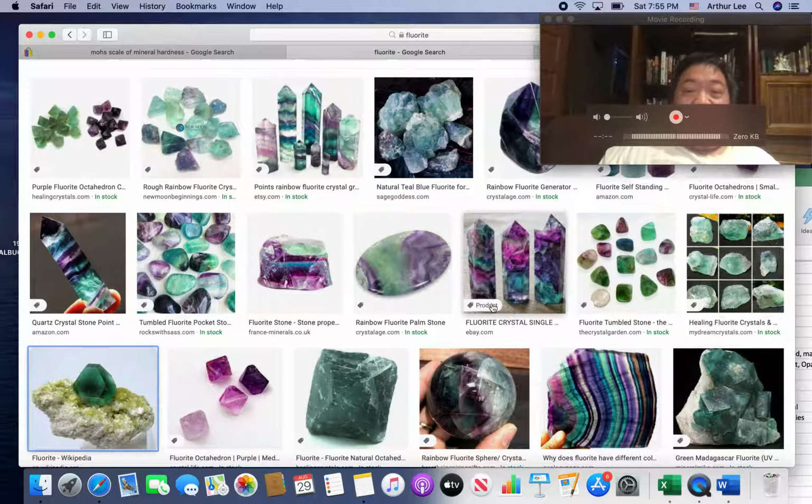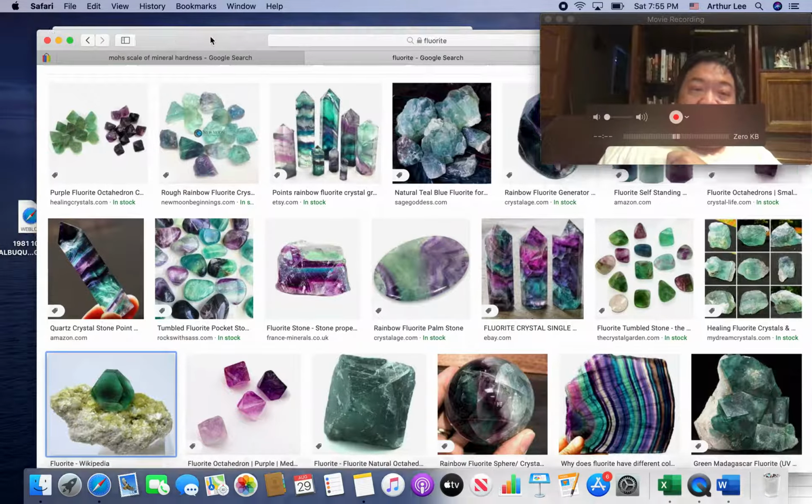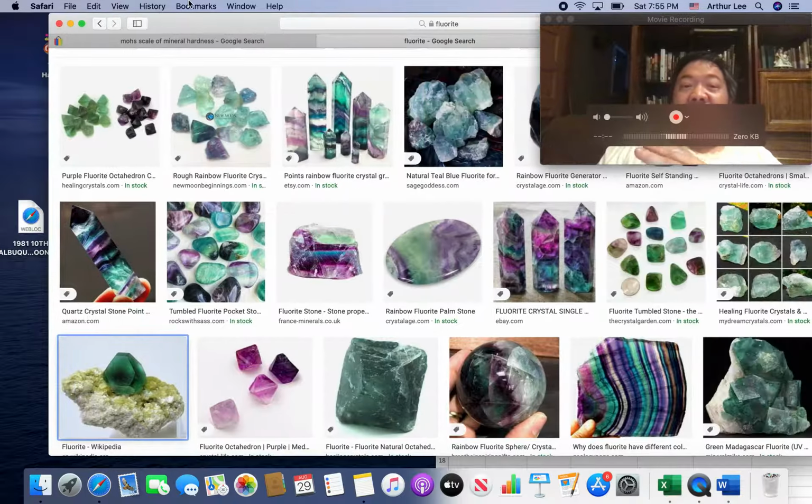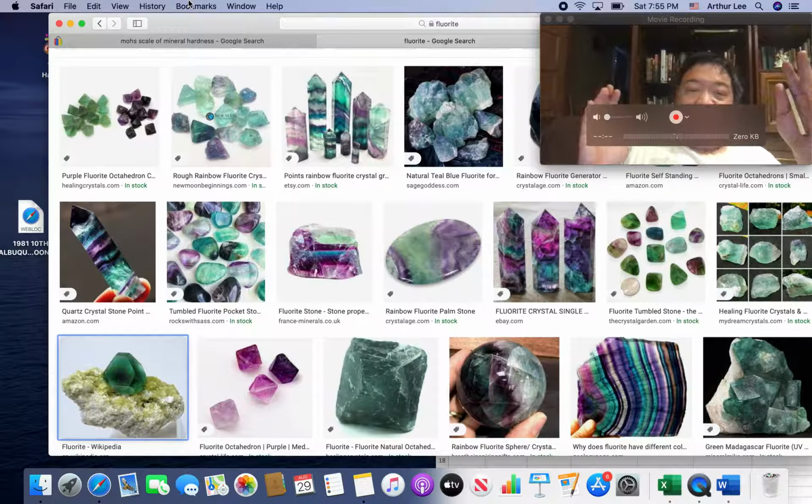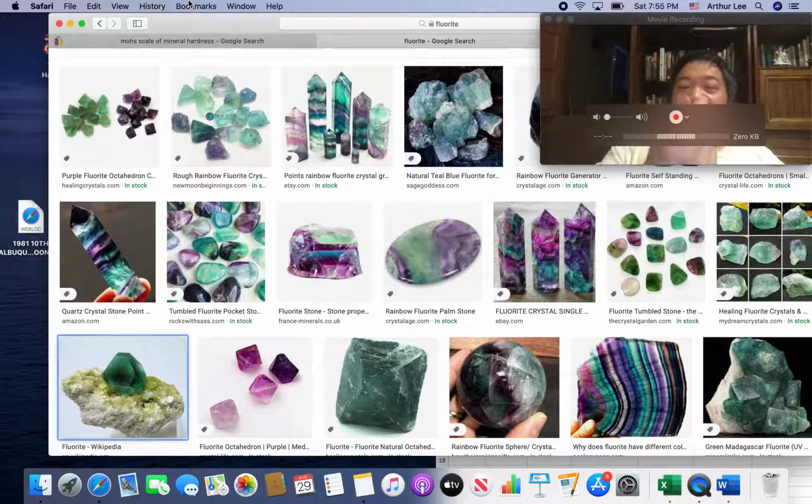Here's some different fluorides. Now, the first thing I have to really warn you about is when you're identifying minerals, many minerals come in different colors. So you just can't pick up a mineral and go on Google and figure out what it is by looking at photographs, because the minerals come in so many different colors.